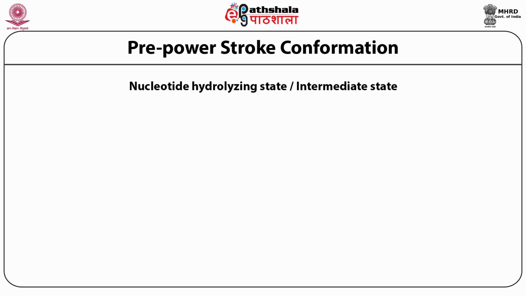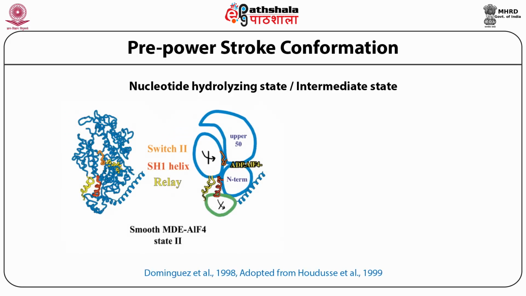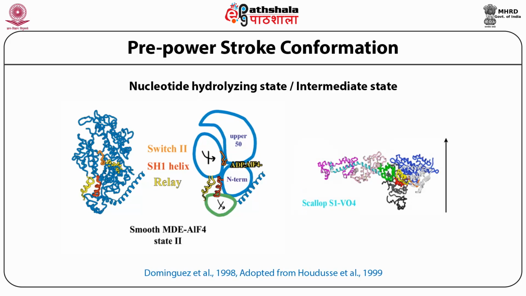That means both ADP and phosphate are still in the active site and the phosphate is not yet released, and that is called a pre-Powerstroke conformation or an intermediate state. Now here, earlier structure which is reported from the smooth myosin state 2 with ADP aluminum fluoride, and later from the scallop S1 with ADP vanadate.